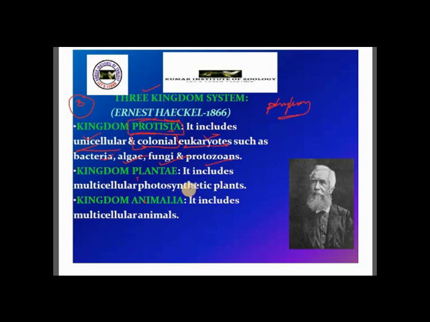And the next kingdom Plantae includes multicellular photosynthetic organisms. Animalia includes multicellular animals. So like that, Haeckel classified all the living organisms into three kingdoms: Protista, Plantae and Animalia.